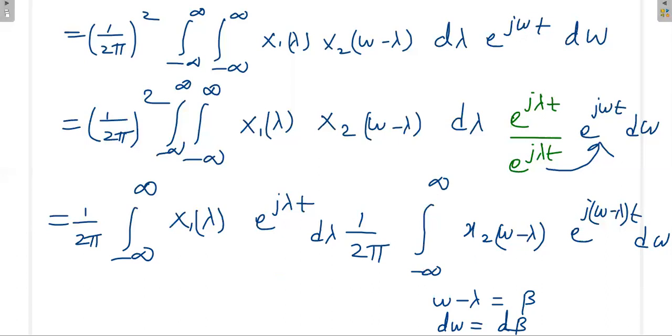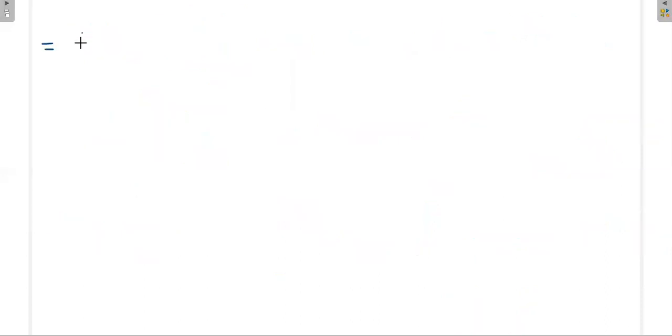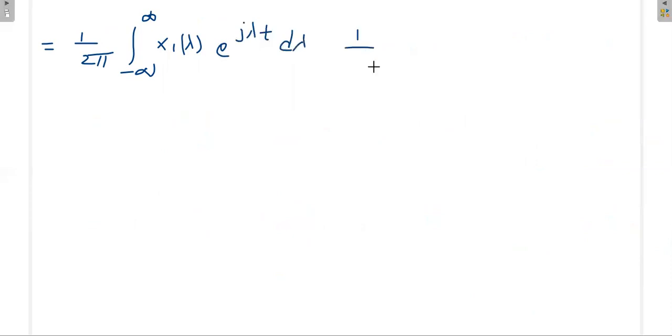So then 1 by 2 pi integral minus infinity to plus infinite X1 of lambda e power j lambda t d lambda, then 1 by 2 pi integral minus infinity to plus infinite X2 of beta e power j beta t d beta.